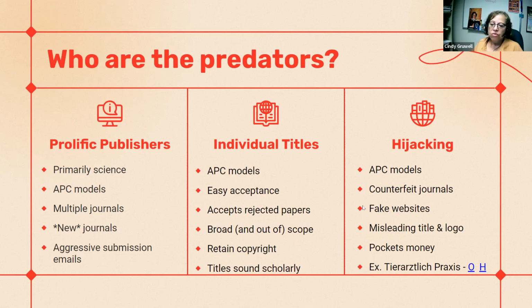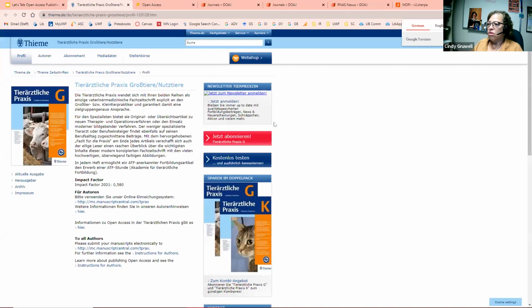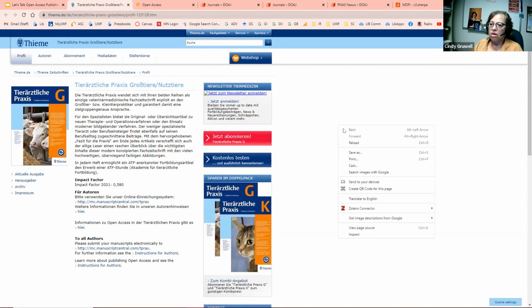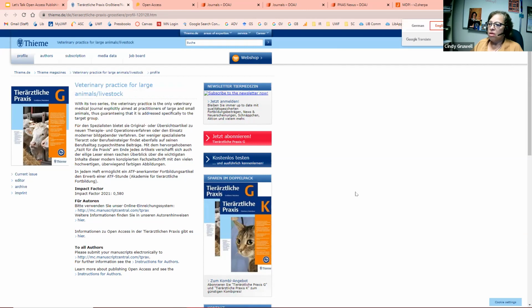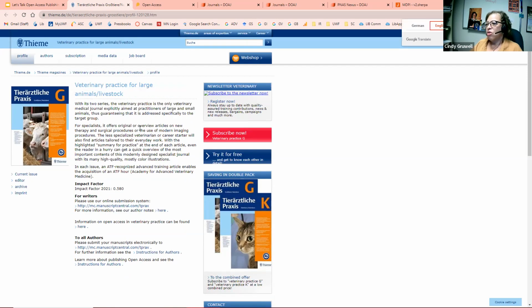Hijacking is a little bit different. That is an issue where a journal title is hijacked with a counterfeit journal and fake websites. I can give you an example. This is Tierärztliche Praxis, a German journal that I changed to English so I can read it. It's veterinary practice for large animals and livestock, as you can see.